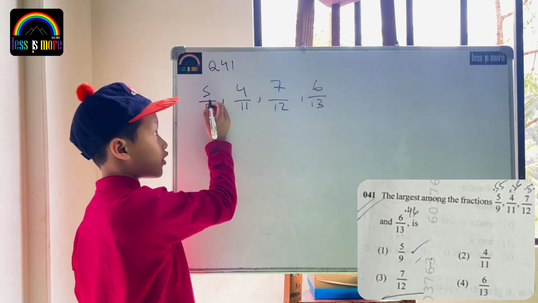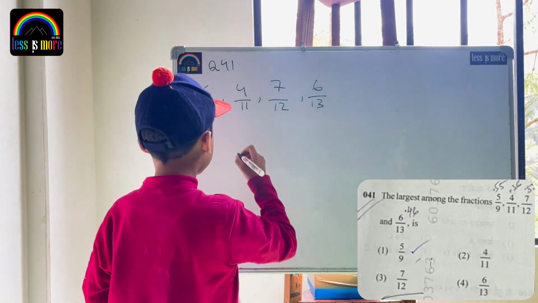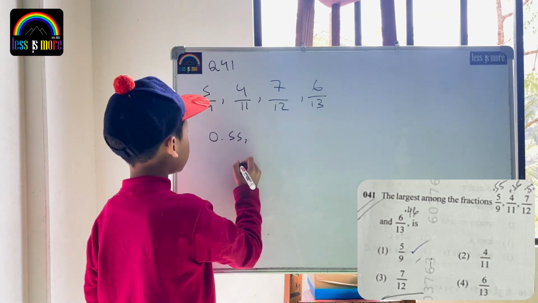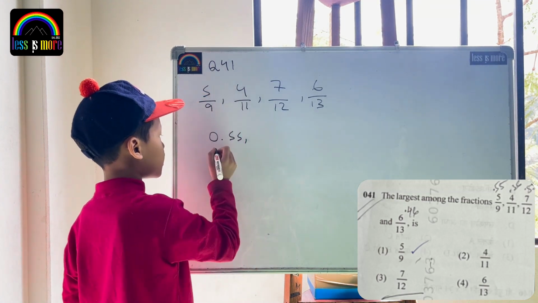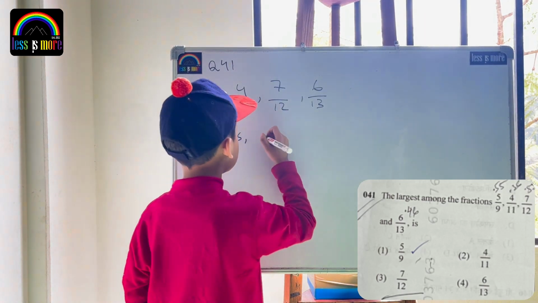Then it would be 5 divided by 9, like that. So 5 divided by 9 is 0.55, and we'll turn this 5 by 9 into decimal. It is 0.55. We are going to do the same thing on the other ones.